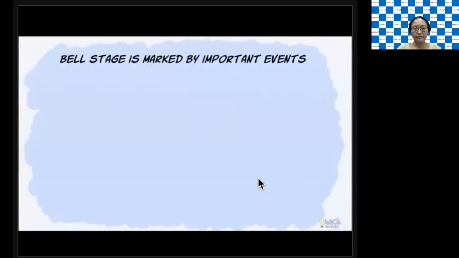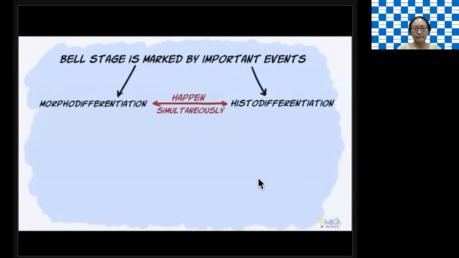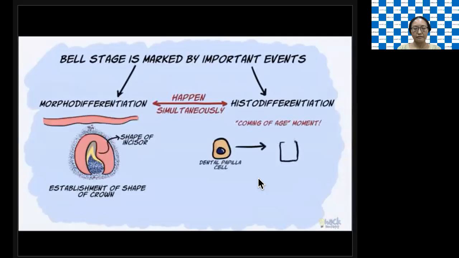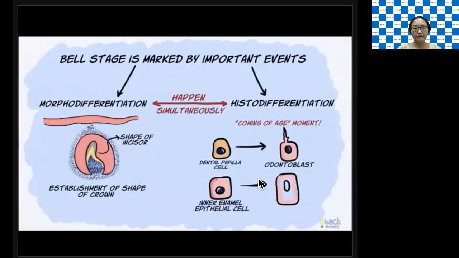Now, the bell stage is marked by two events called morphodifferentiation and histodifferentiation, both happening simultaneously. Morphodifferentiation refers to the establishment of the shape of the crown, and histodifferentiation refers to the coming of age moment, when the dental papilla cells differentiate to become odontoblasts and the inner enamel epithelial cells become ameloblasts.